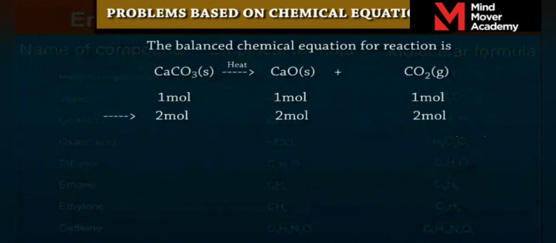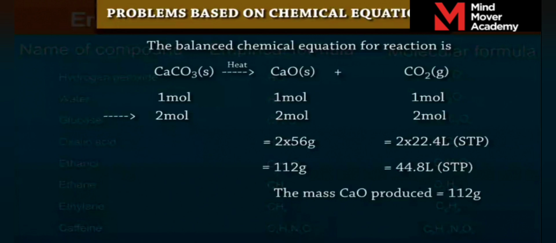The balanced chemical equation for the reaction is calcium carbonate solid, on heating, gives calcium oxide solid plus carbon dioxide gas. So 1 mole of calcium carbonate gives 1 mole of calcium oxide and 1 mole of carbon dioxide. Multiplying both sides of the equation by 2, we have 2 moles of calcium carbonate will give 2 moles of calcium oxide and 2 moles of carbon dioxide.